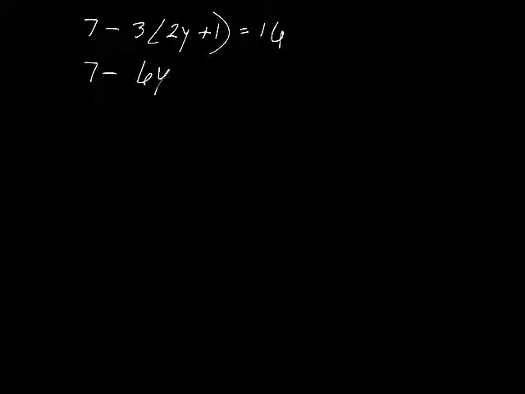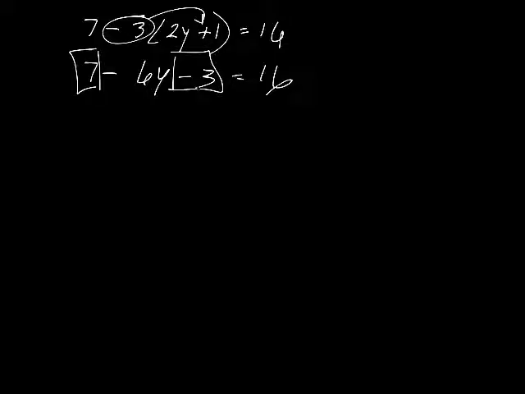So let's look at example 3. We have 7 minus 3 times 2y plus 1, and we're saying that equals 16. So 7 minus 3, well actually we better distribute. 6y minus 3, because we took the negative 3 times 1 and got negative 3. Okay, we can combine this 7 with this negative 3 and get 4.